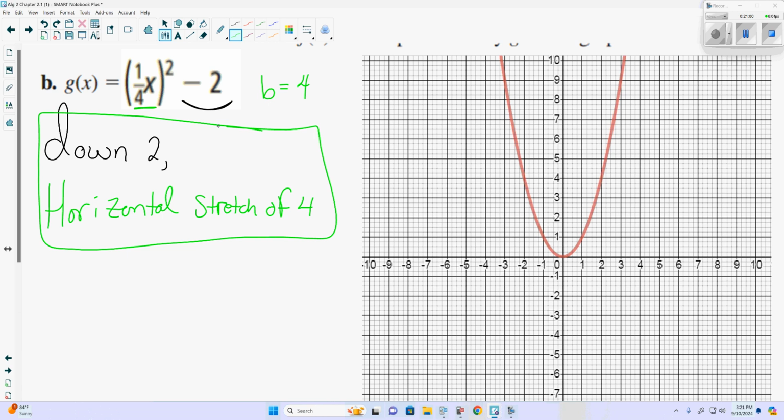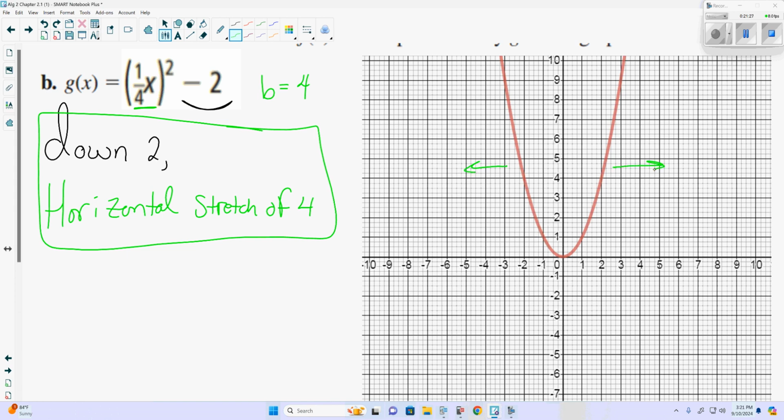So vertical stretch or shrink, if that number is being multiplied in front of x outside the parentheses, it's exactly what it looks like, guys. Inside the parentheses, we have to flip it. So this here would be a horizontal stretch of 4.